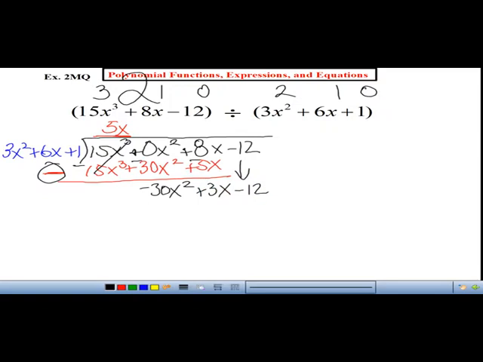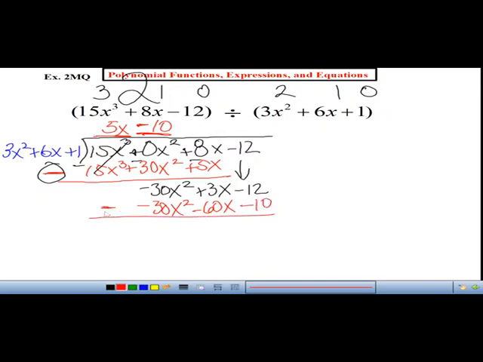And we do the process one more time. What number times 3x squared gives us negative 30x squared? That's negative 10. Let's see, negative 10 times 3x squared, that's negative 30x squared. Negative 10 times 6, that's negative 60x. And negative 10 times 1, that's negative 10.